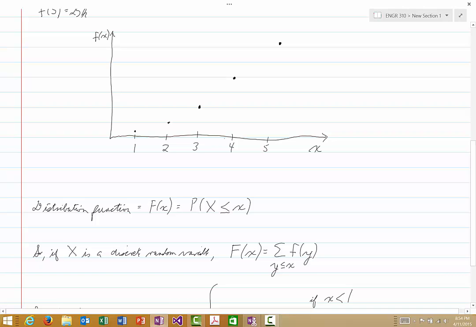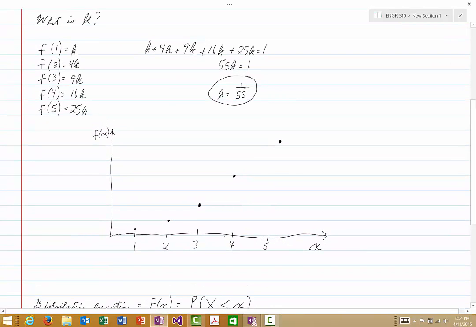Oh, and I didn't mark the vertical axis to show what those values were, but here this is supposed to be k, and then this is supposed to be 4k. I tried to draw this to scale. I'm sure it's not exactly to scale, but it's roughly correct, I believe.